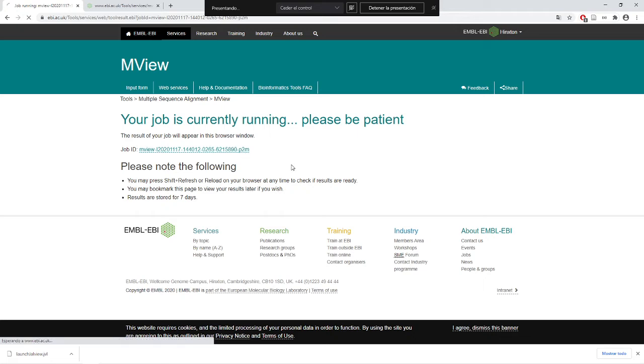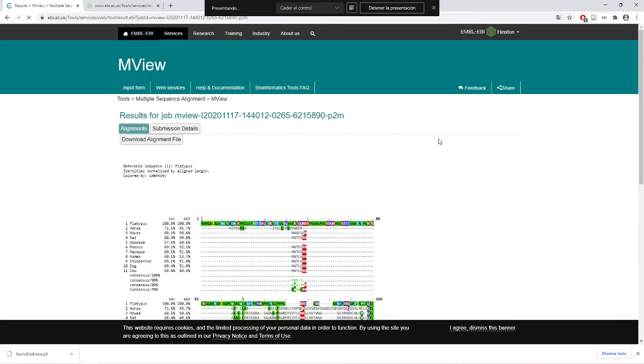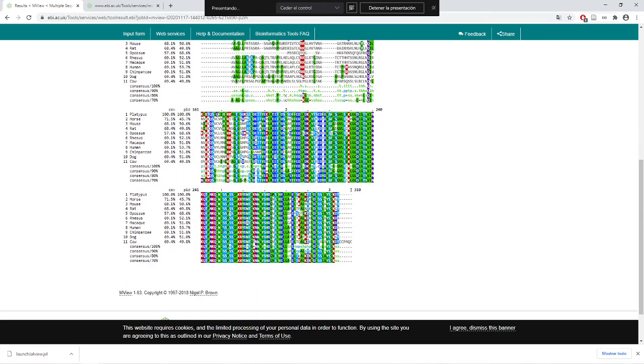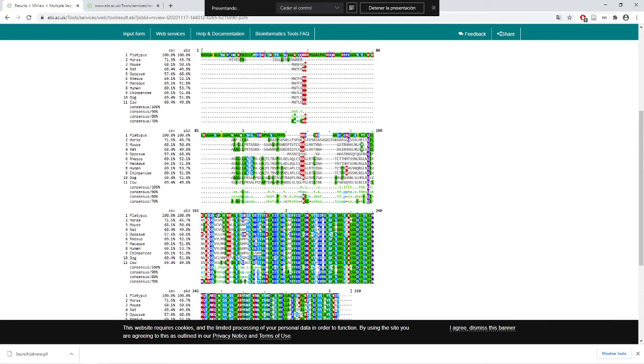So here we visualize which are the most conserved regions. For example, this one is very conserved. Here in the platypus we have a chain that is only for the platypus.